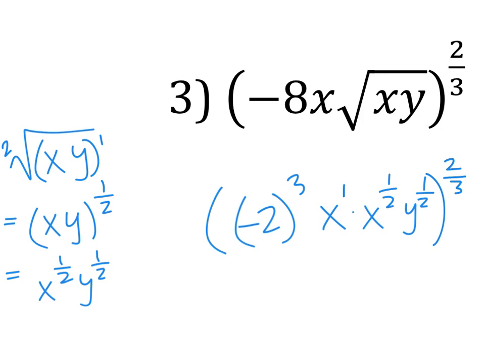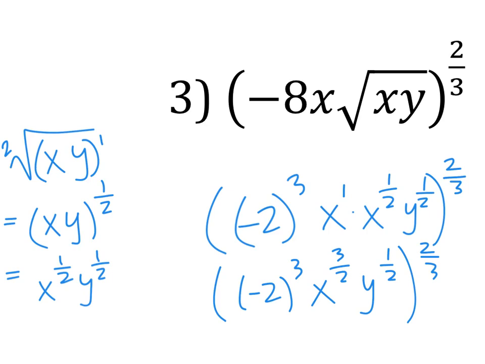Hopefully you can do it in your head. 3 over 2. All right, now distribute. And then that should be an easy problem. Okay, distribute the exponents in and then simplify.